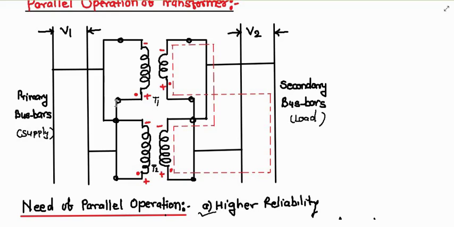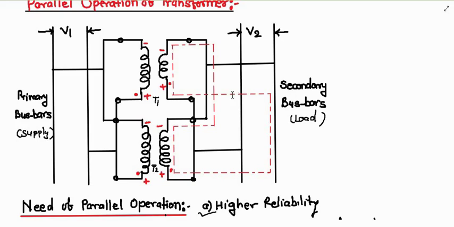Hence, the transformers should be connected taking their polarity into consideration, such that the net voltage around the loop is 0. If the polarities go wrong, then there will be a dead short circuit across the secondary bus bar or the load bus bar.